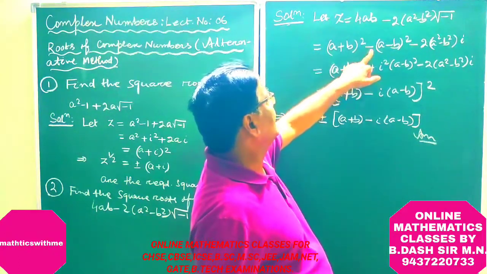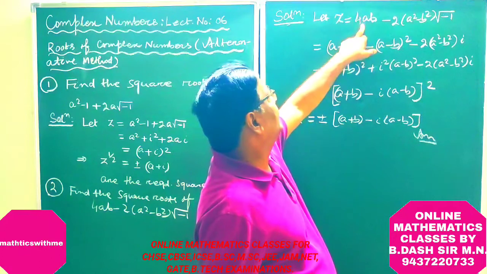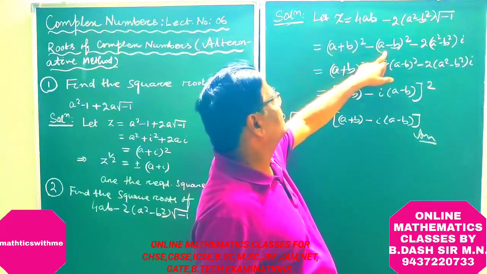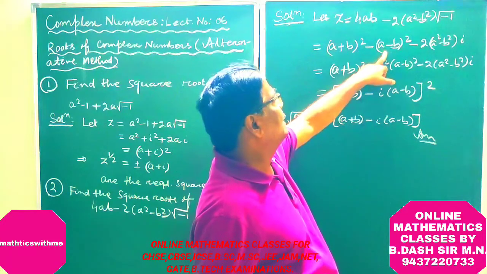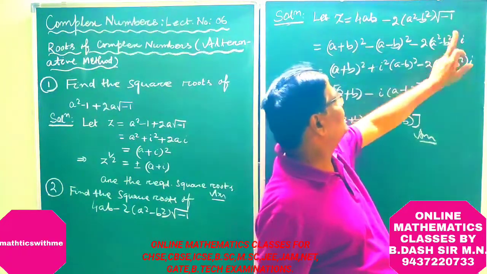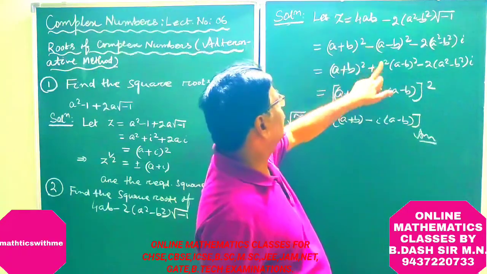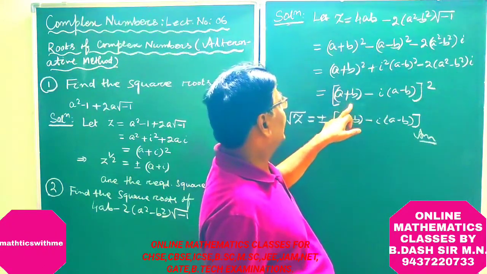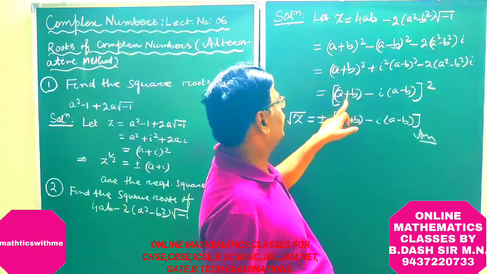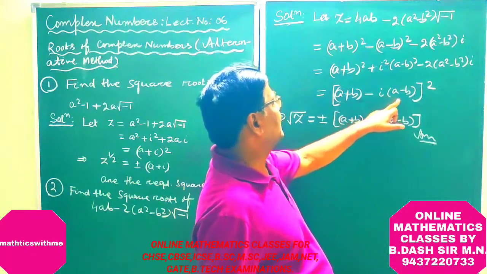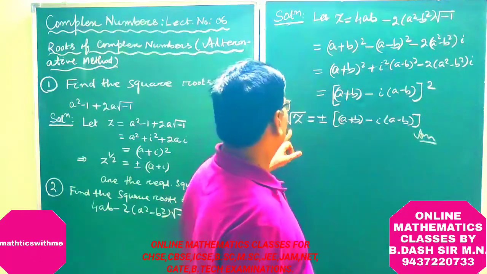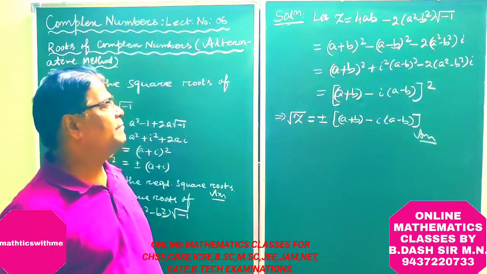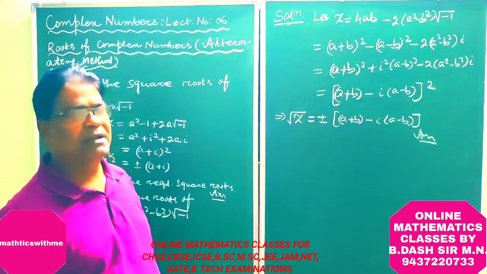Now here we have written 4ab = (a + b)² − (a − b)², and √−1 is i. Again, −1 is replaced by i², and this is (a + b − i(a − b))². So the square root of z is ±(a + b − i(a − b)).